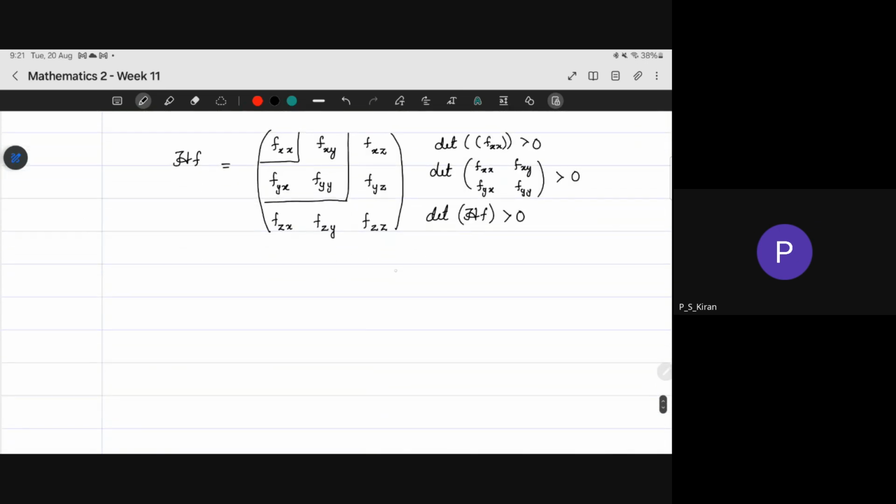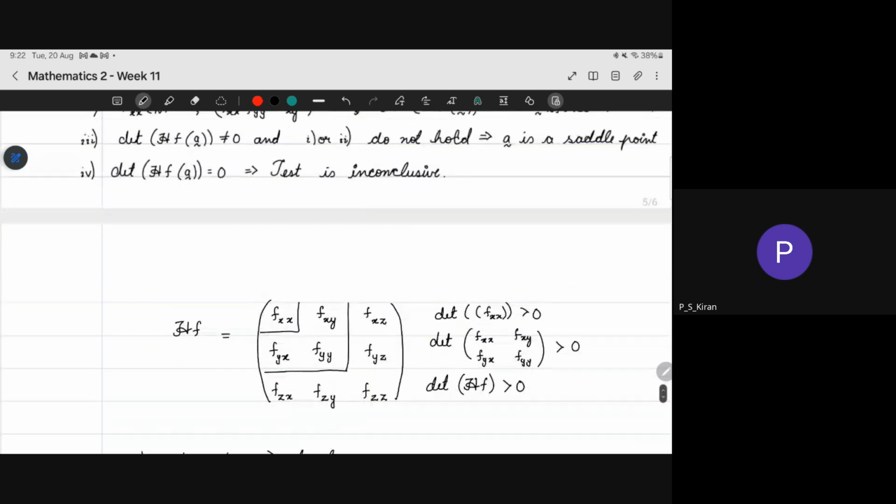But for a local maximum, what happens is minus plus minus. So you look at these three gradually increasing size matrices: plus plus plus implies local minimum, minus plus minus implies local maximum. This is one way to remember.